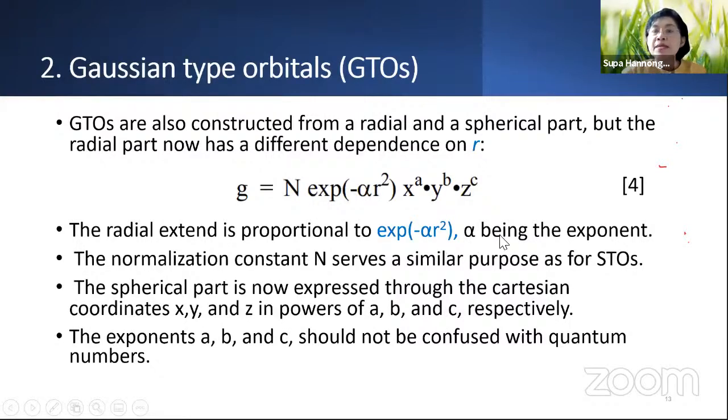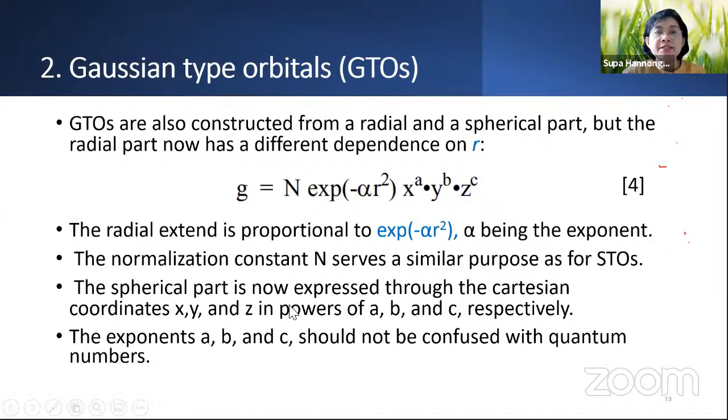Alpha is the exponent, and can be any value, okay? And the normalization constant N still serves a similar purpose as we considered for the STO. That means the integral for the normalization should be equal to 1.